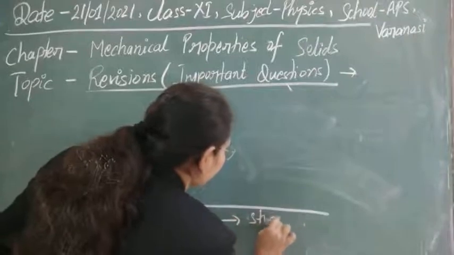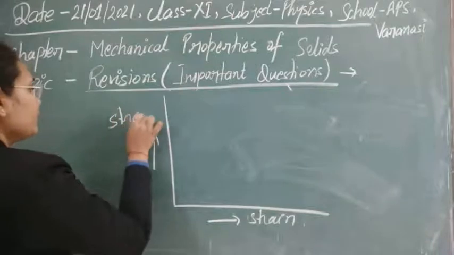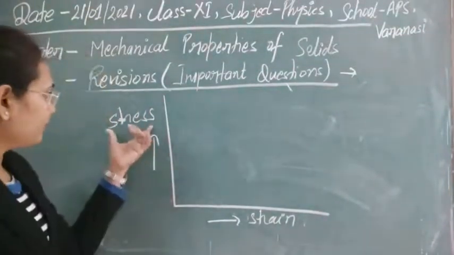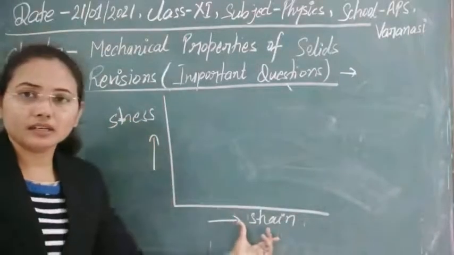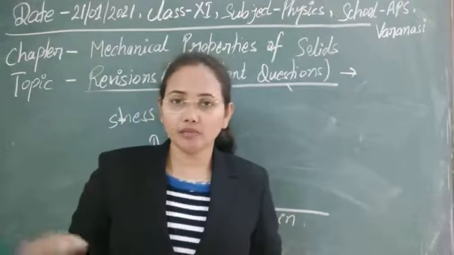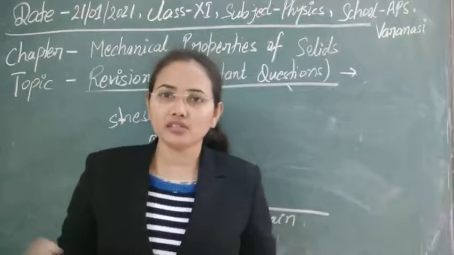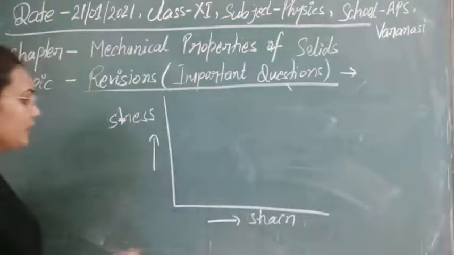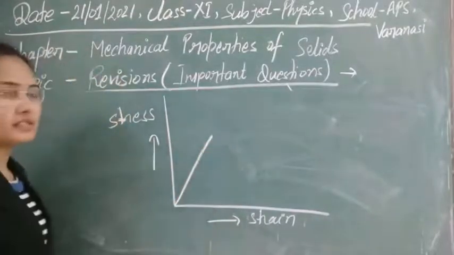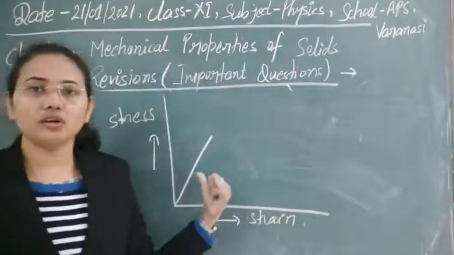Suppose on this axis we take strain, and on this axis we take stress. Now we start to apply stress on that wire, meaning force per unit area, or simply we are trying to extend it. When we try to extend it, first of all the stress is directly proportional to the strain produced in the system, and this follows Hooke's law strictly.